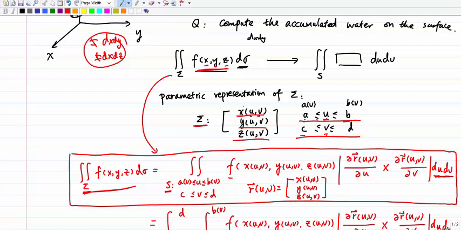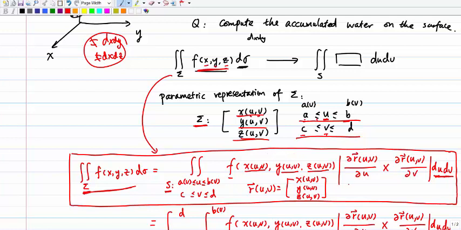Basically, I replace x by x(u,v), y by y(u,v), and z by z(u,v). So my f function becomes just a function of u and v. I don't have x, y, z anymore because x, y, z are represented by functions of u and v. Okay, now this part is done.